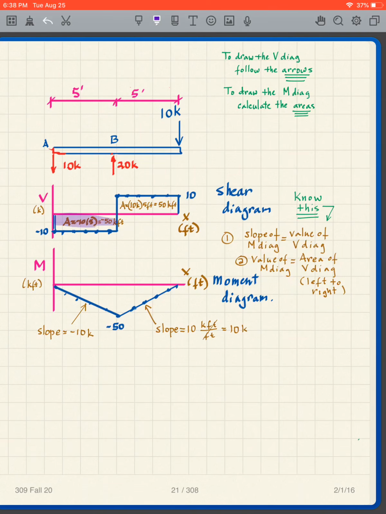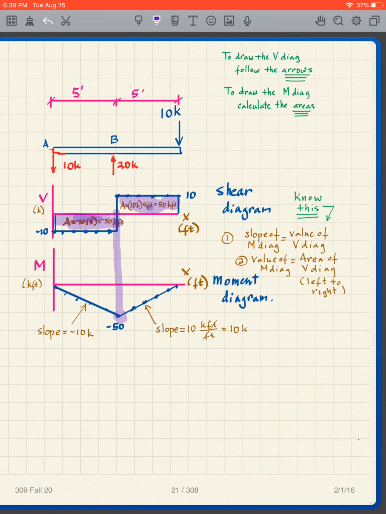I take that area, negative 50, so my moment has got to be negative 50. Well, that area is positive 50, I'm working left to right, so I take this negative area there, add it to the positive area there, and I end up at 0.